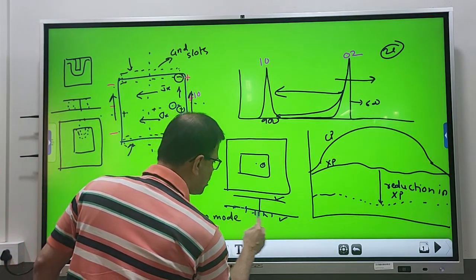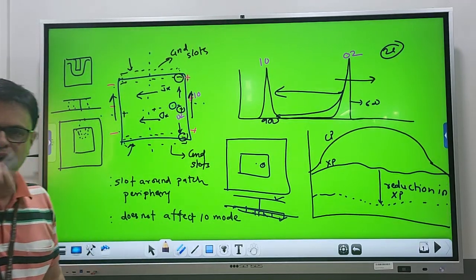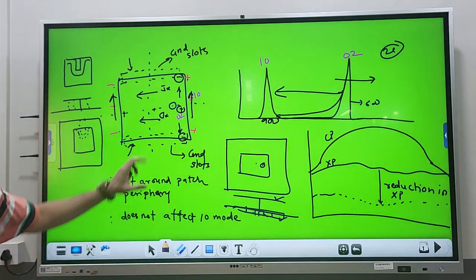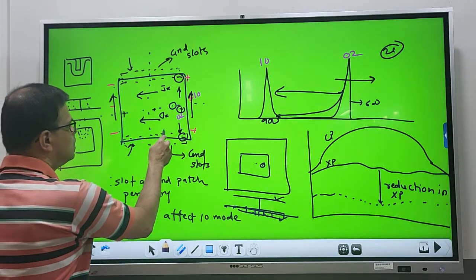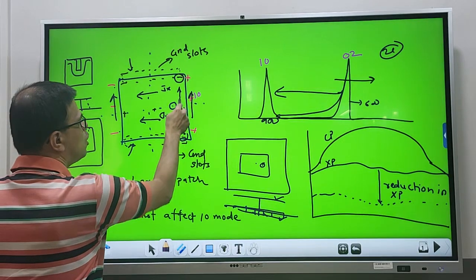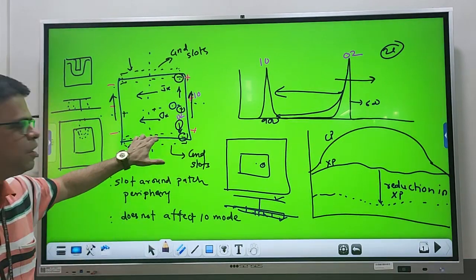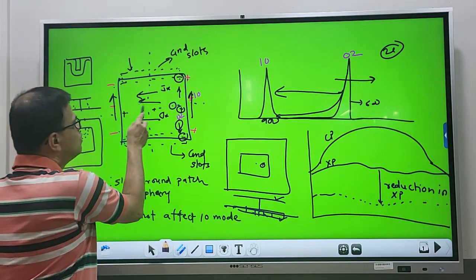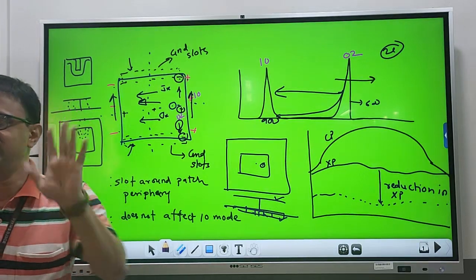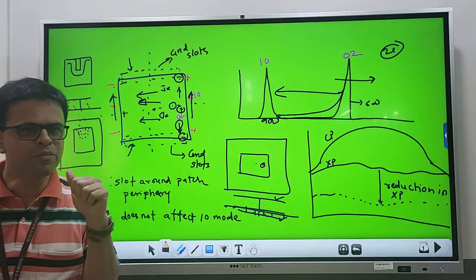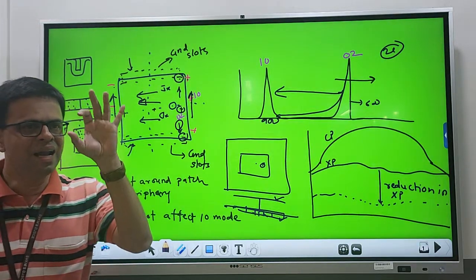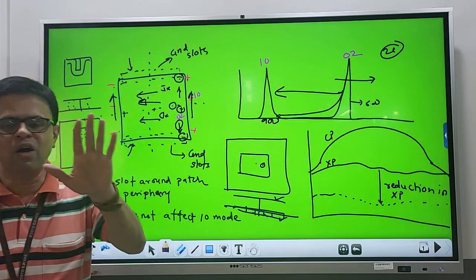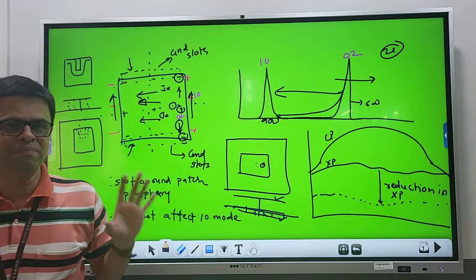So here probably you will be cutting that slot on the ground plane. What it does is it basically creates an effect on the orthogonal mode frequency, because whenever you have a slot here, this modal current is not affected. Okay, this modal current is not affected because the largest dimension of the slot orthogonal to the modal current is minimum.